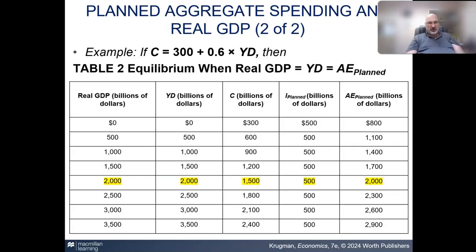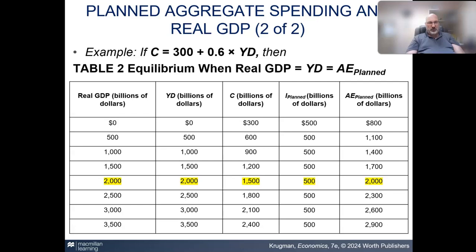So let's talk about how this works really quick. AE, aggregate expenditure, that is spending. That is our expenditures, basically purchases. And real GDP, I need you to think about that as output. Don't think about that as spending.